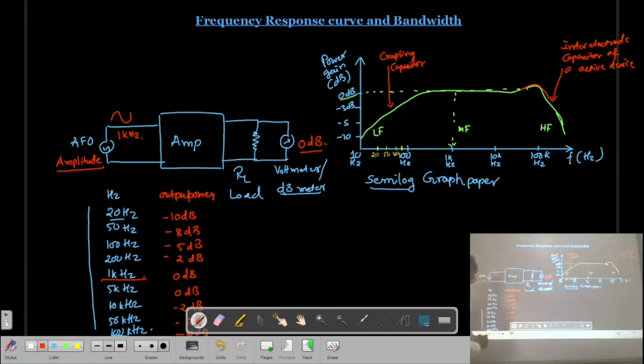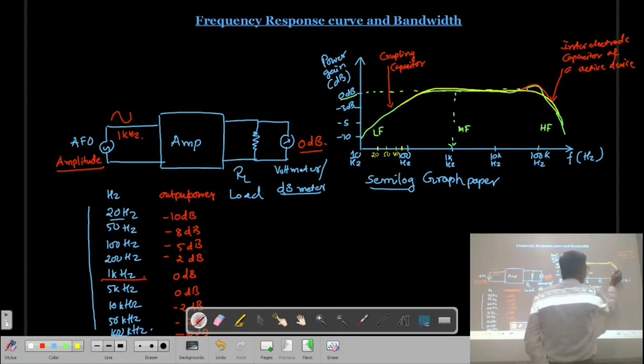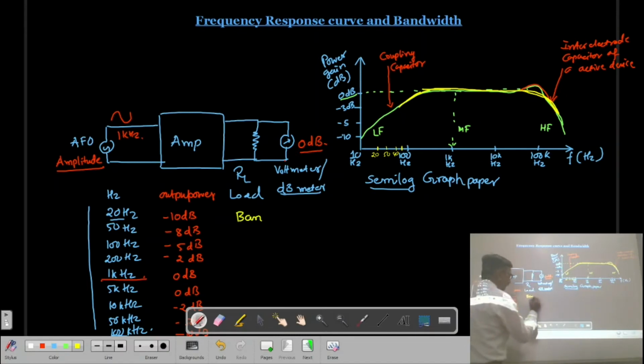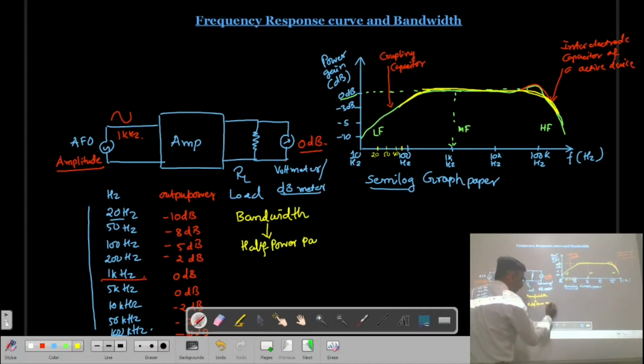Here if you see, then this part of the amplifier is almost flat. Remember, this is almost flat, and that you can consider to be the bandwidth of the amplifier. Normally the bandwidth means we always consider a half power point, the half power bandwidth.